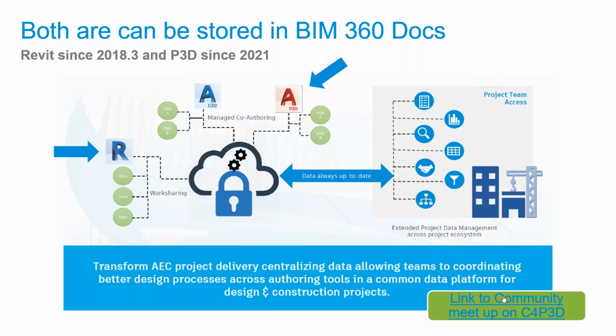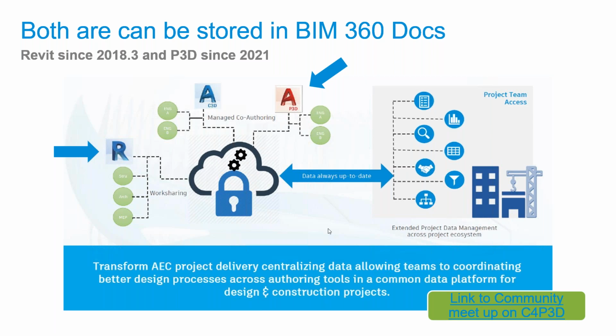Revit is the first design tool which was compatible with BIM 360, either the old generation or the new generation. So since Revit 2018.3, you use BIM 360 Docs, and for Plant 3D, it's basically the actual release 2021. Yeah, just so anybody who thought that they'd heard about Plant 3D collaboration in the past, the 2018 release did come out with the capability of working with BIM 360 Team, which is a little bit different platform than BIM 360 Docs.